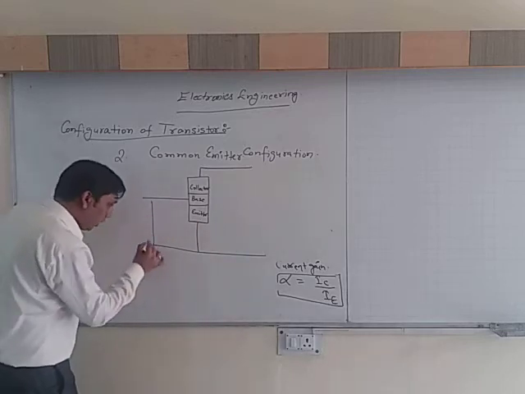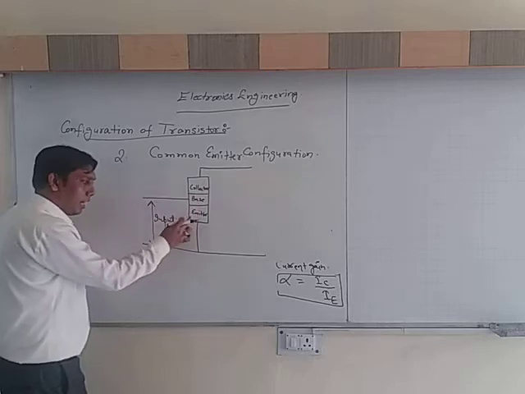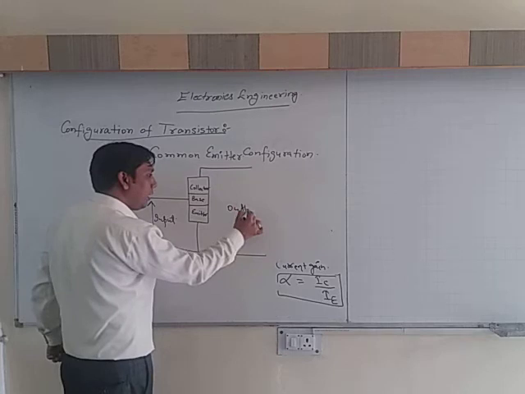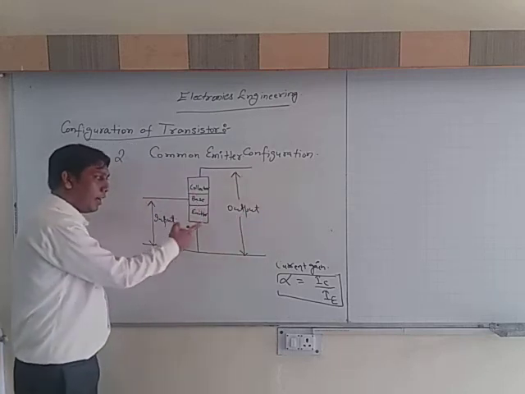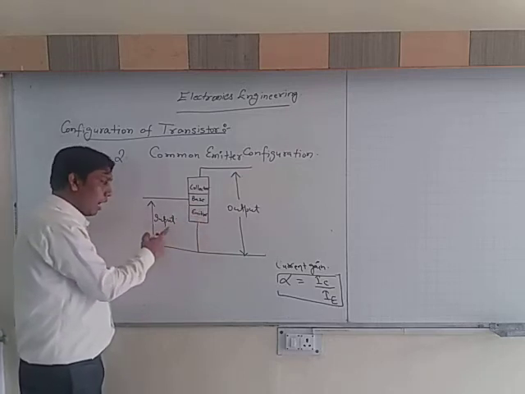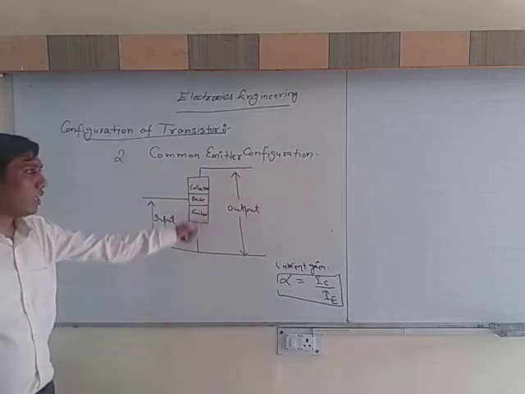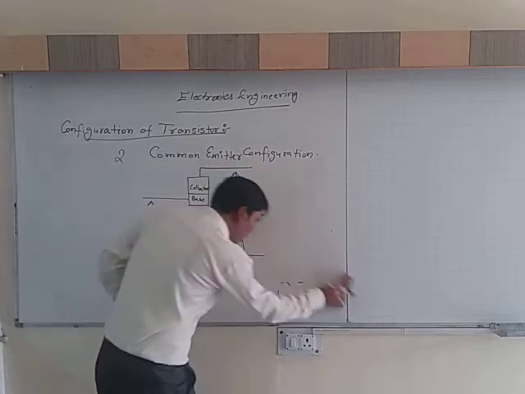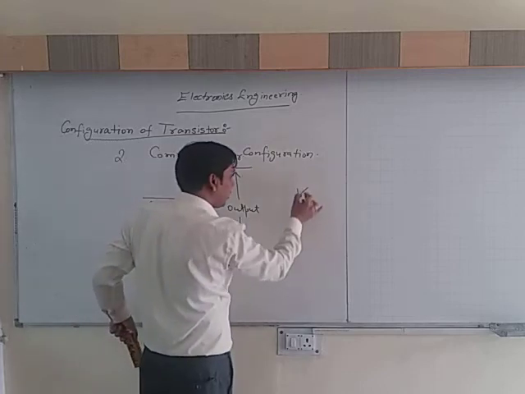The input will be given in between base and emitter, and the output will be taken in between collector and emitter. Hence this emitter is common in between both input as well as output. So this type of configuration is called common emitter configuration. So the circuit of common emitter configuration will be like this.